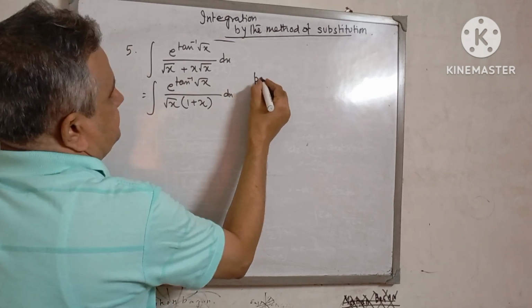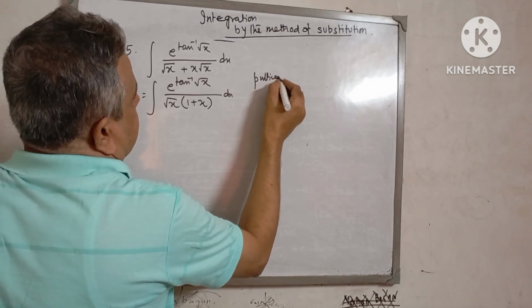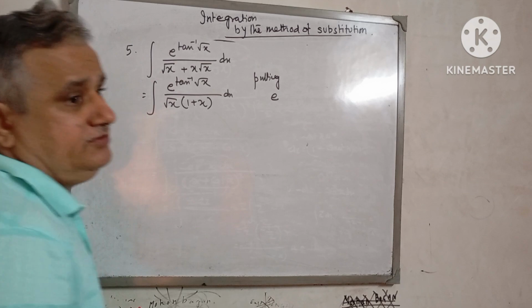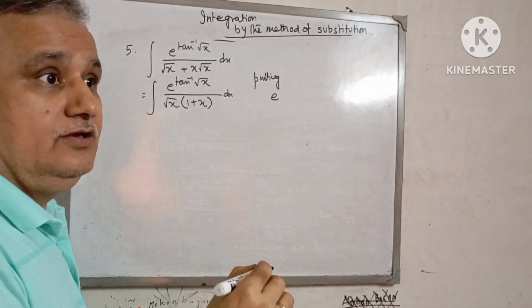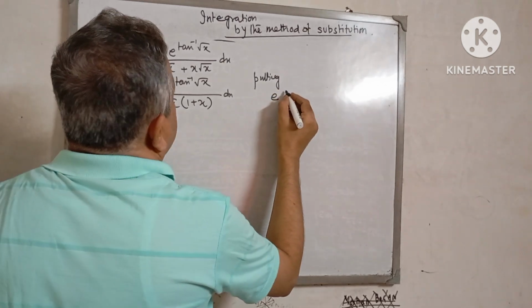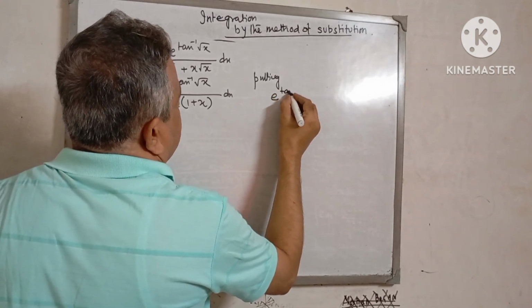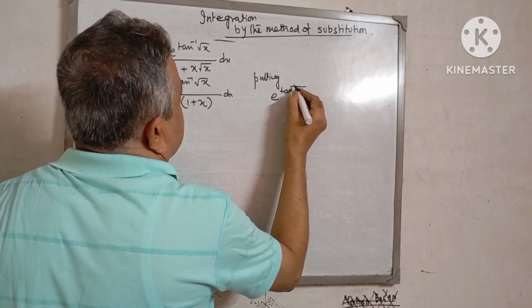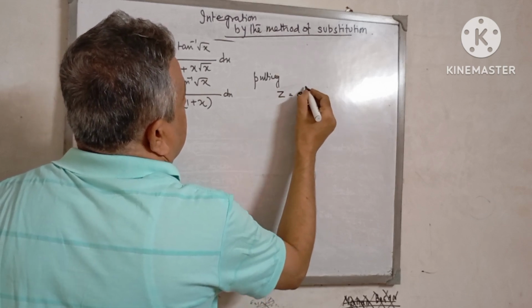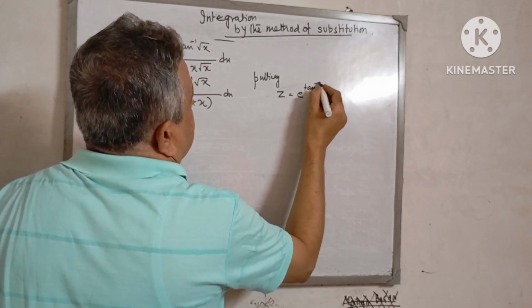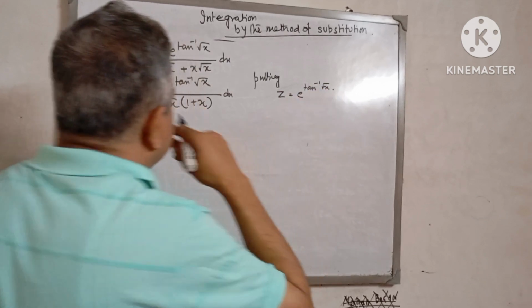Now putting, this is the main thing, what has to be put here. You have to put tan inverse root x equal to z, that is, z is equal to e to the power tan inverse root x.